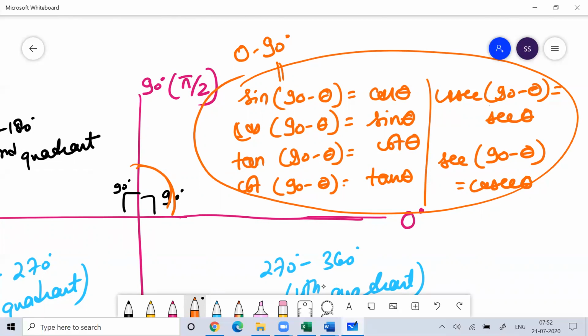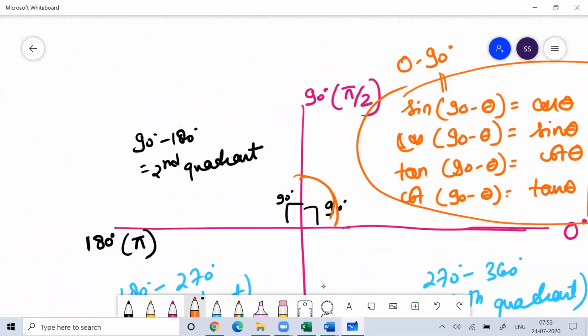That part is important, and we can understand that part if we understand the concept of quadrants. So you should know about this. Any angle between 0 to 90 degree is in the first quadrant, so all conversions will be positive in the first quadrant.